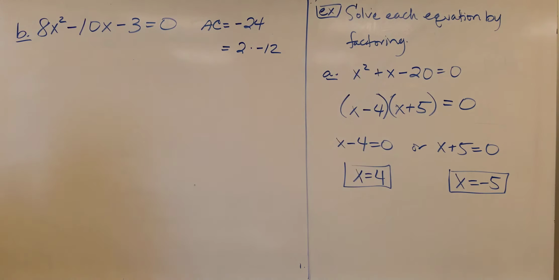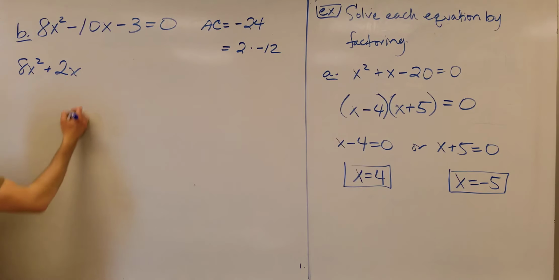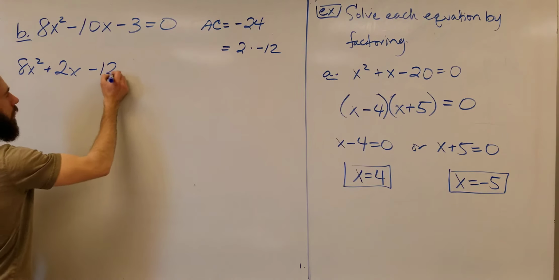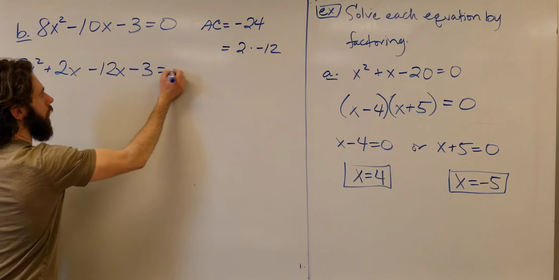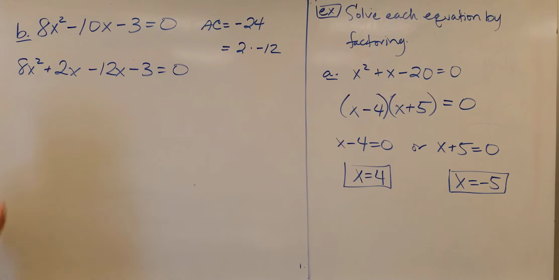Okay, so then we can rewrite this as 8x squared plus 2x minus 12x minus 3 equals 0. Remember to keep bringing your equal sign and your 0 down for good formatting and clarity.